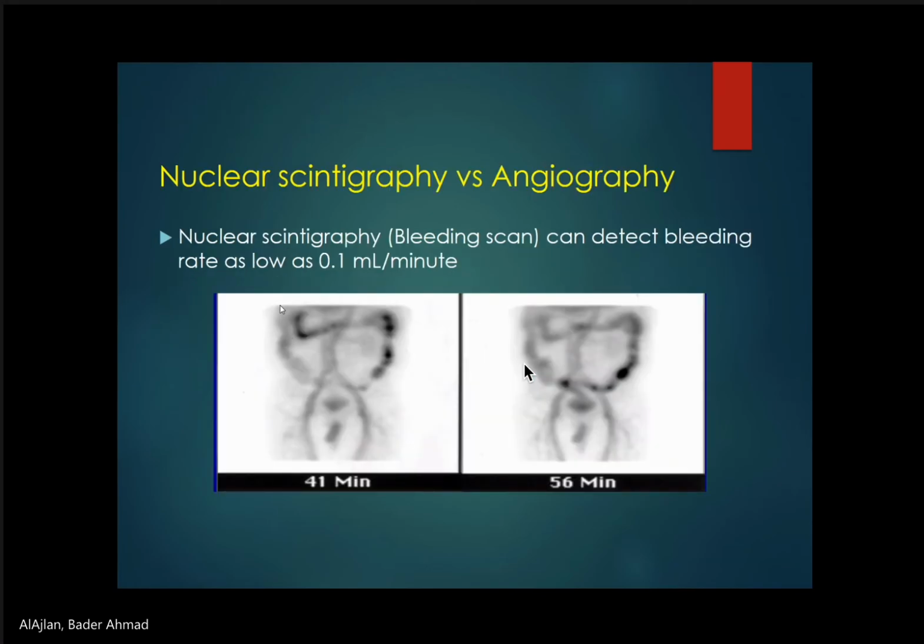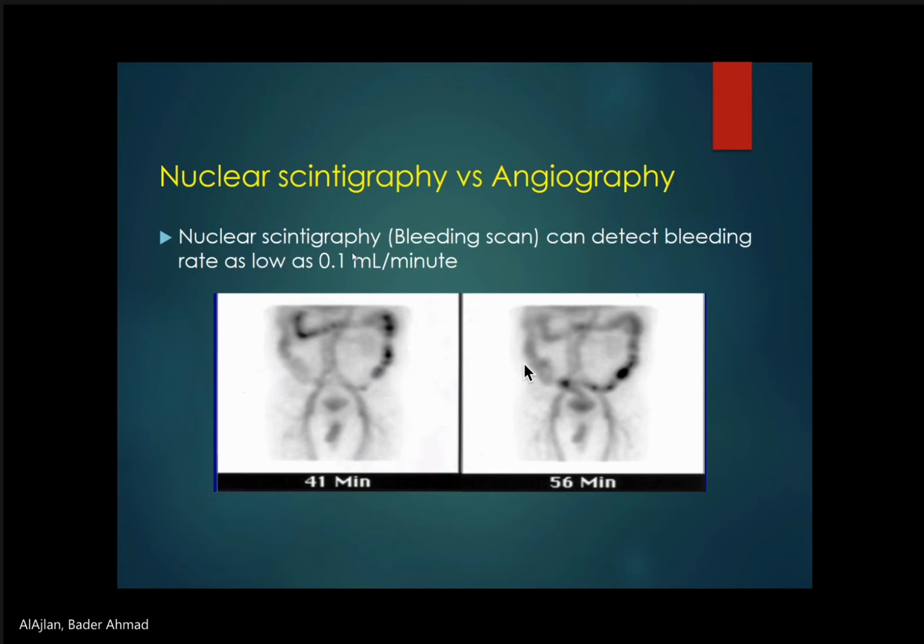So how do we know the etiology? As I mentioned, we might need to do a colonoscopy, but sometimes there are other modalities, which we call a tagged scan, bleeding scan, or nuclear scintigraphy. This might also help us identify where the bleeding is.